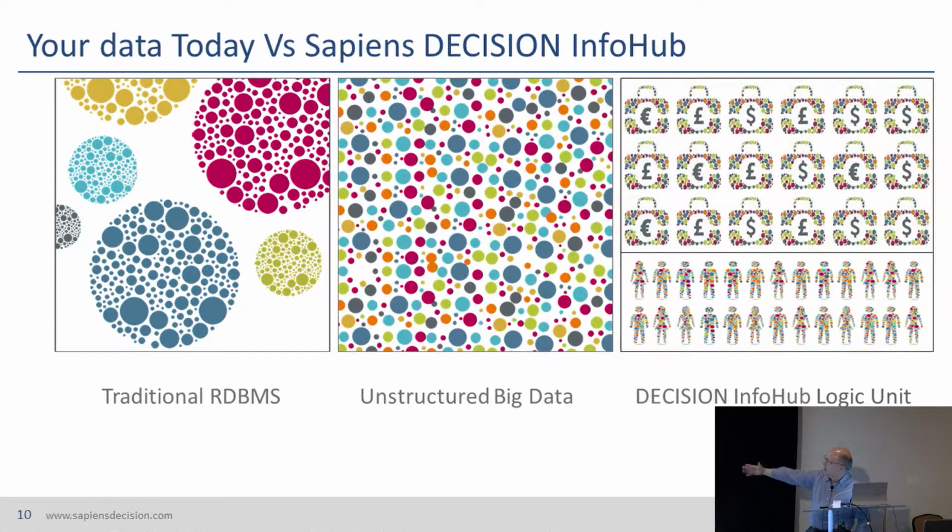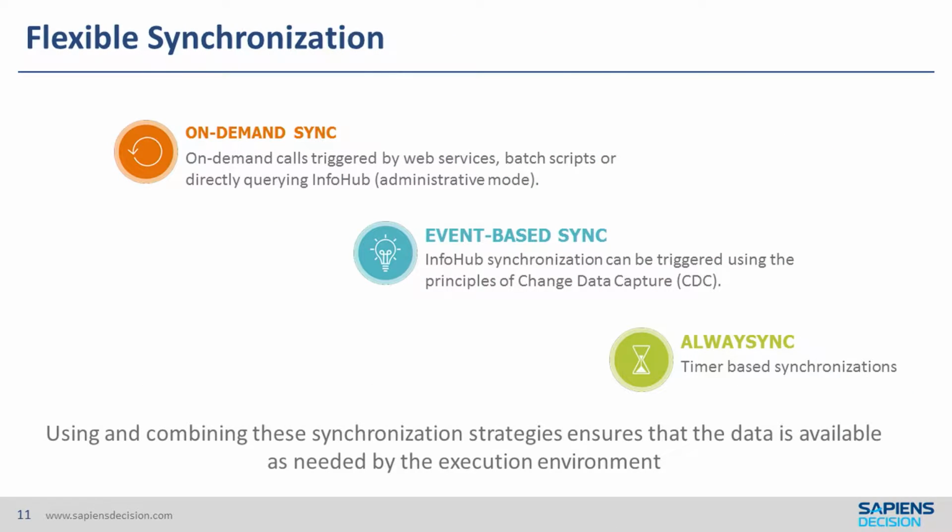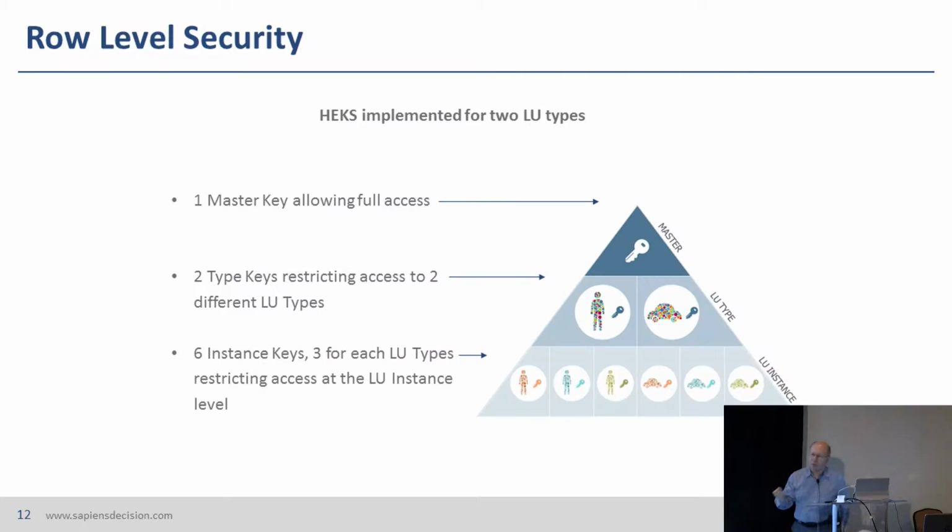Unstructured big data gives us this massive data we have to traverse to get any value out of. In a logical unit, we keep that data in this small micro database that is business entity related, and we synchronize the sources of that data into that logical unit for when we need that logical unit.